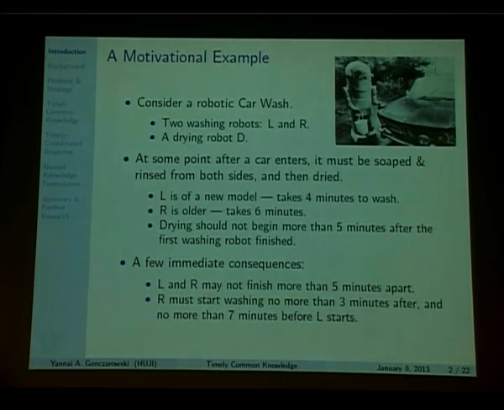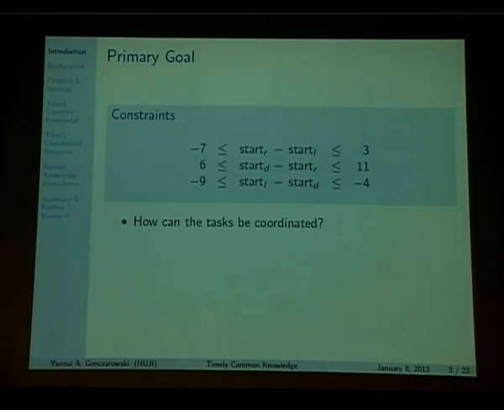You can do the math and see that if R starts between 7 before and 3 after L, this means that they finish within 5 minutes of each other. And you can figure out all kinds of other consequences here. We're not here about that.